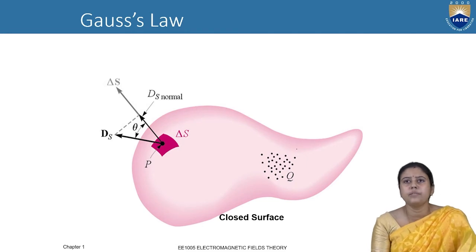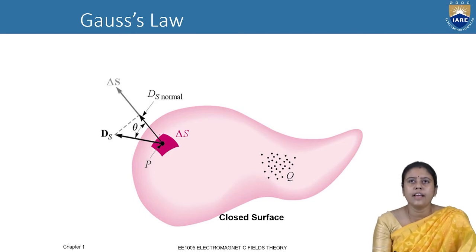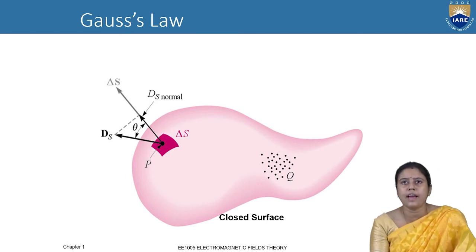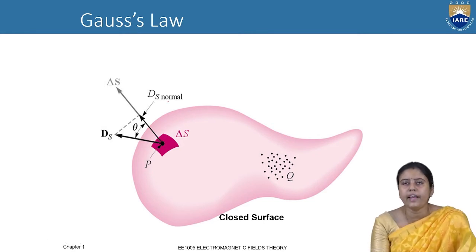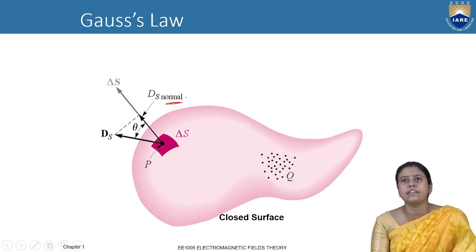We can see from this diagram that if this is ds, and the surface is S, the direction of ds is always in the normal direction. We will always take it as normal.